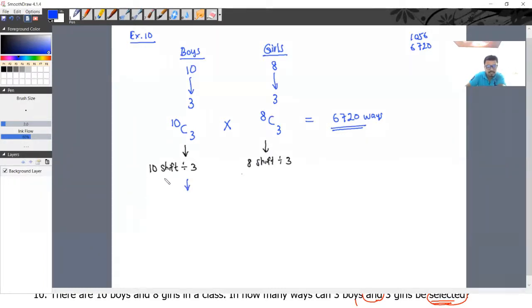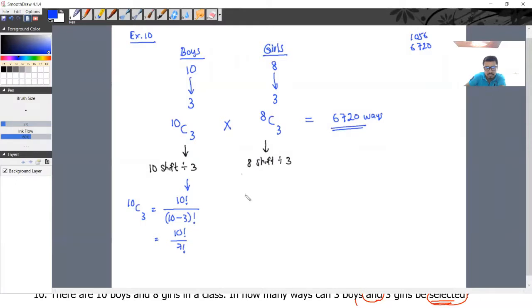10C3. So I will write it here. 10C3, how can we put it into the formula? It should be 10 factorial divided by n minus r factorial, that is 10 minus 3 factorial. It means 10 factorial over 7 factorial.